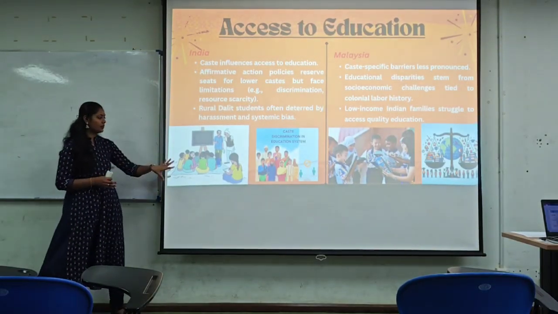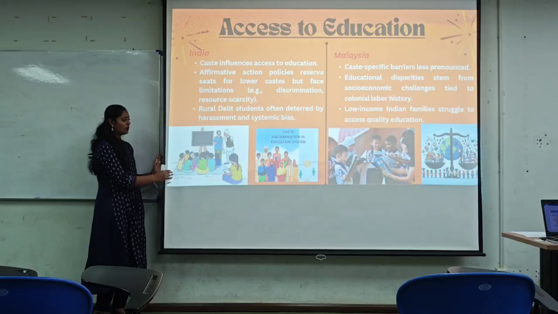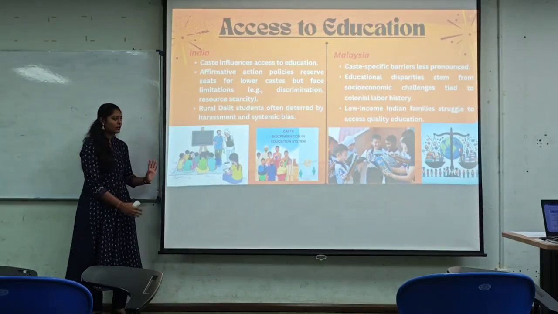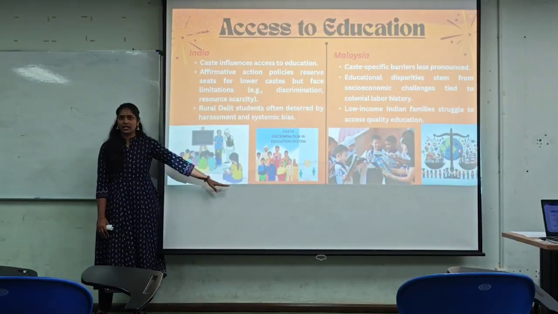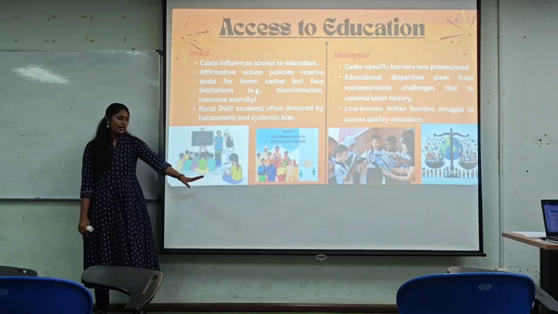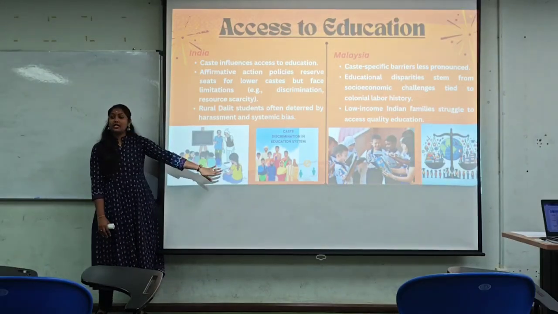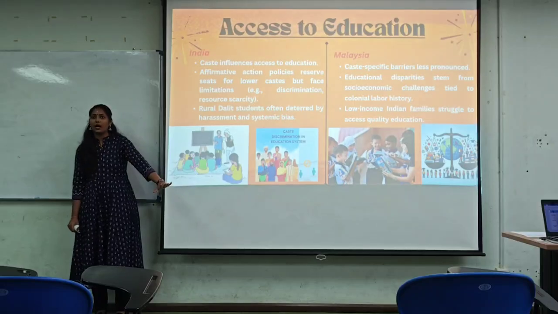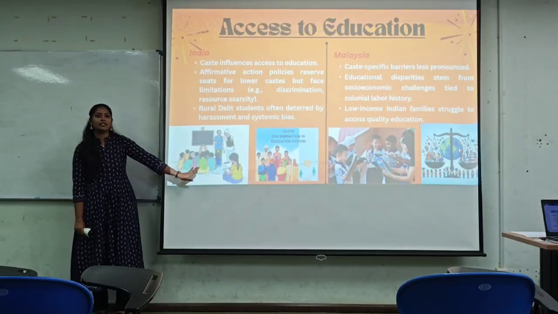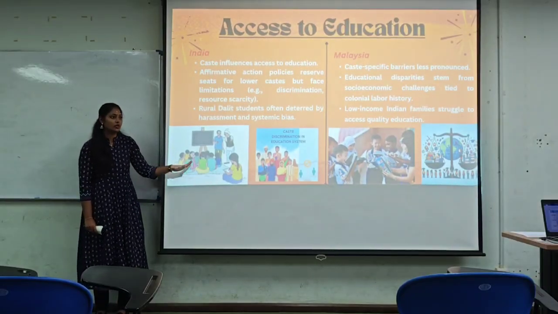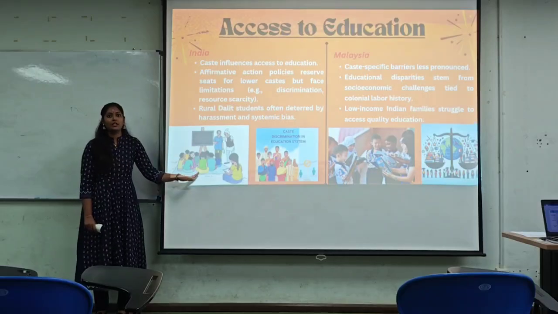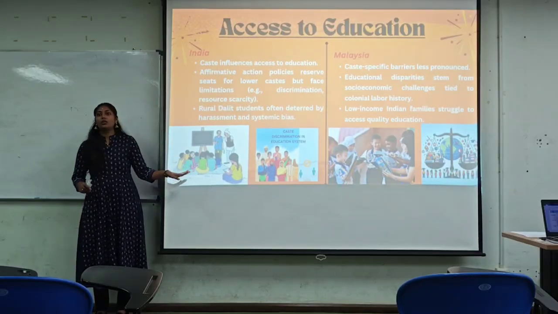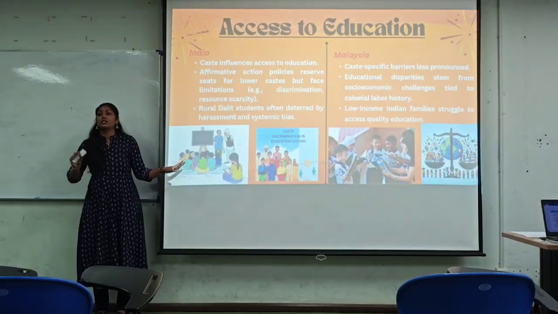For example, if you guys see this image, there's a group of students sitting here together, but only one child is sitting outside of the cafe itself. This really happens in India because she will be separated from other students because she's from the untouchable community. She cannot sit together with them. She cannot study with them. They won't be brave enough to touch her itself.